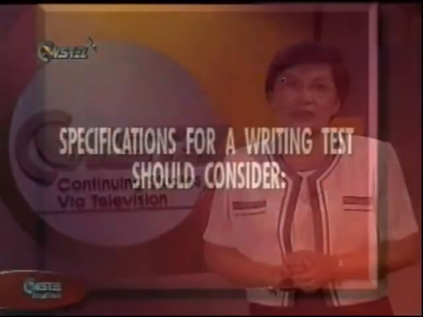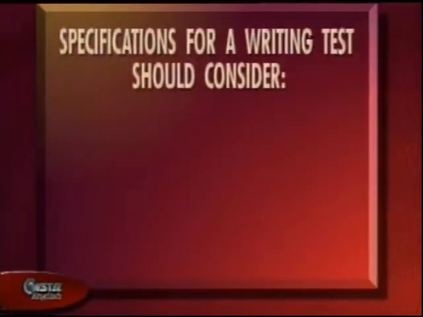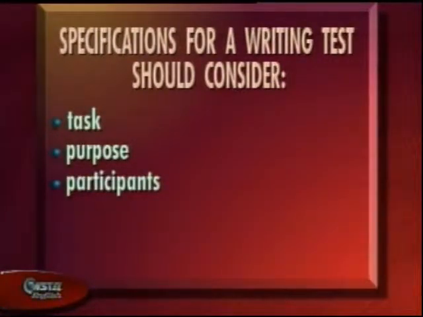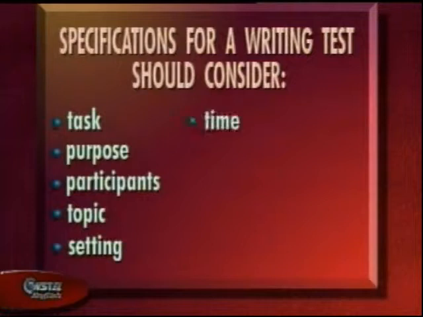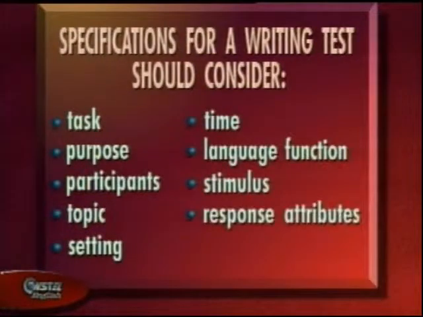Now, these features imply that the specifications for the communicative writing test should consider the writing tasks, the purpose for writing, the participants in the communication process, the topic of the communication, the setting, time, the language functions focused on, the stimulus, the response attributes, and the scoring procedure.